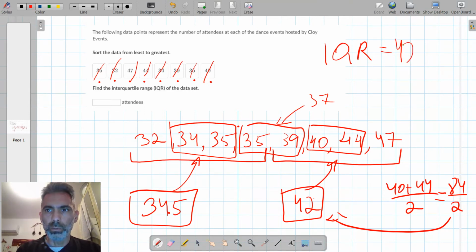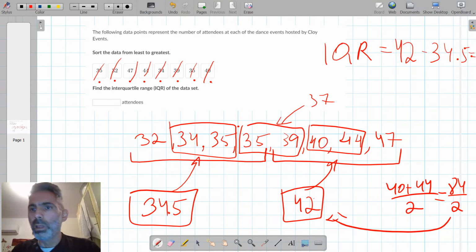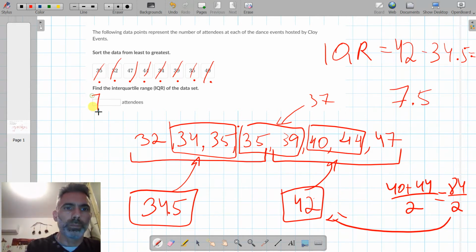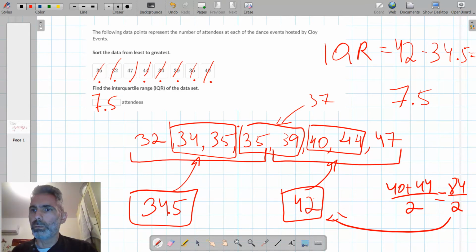So 42 minus 34.5 is 42 minus 35 is 7, and we need to add 0.5, so it's 7.5. Right? From 35 to 42 is 7, and we need to add another half, so it's 7.5.